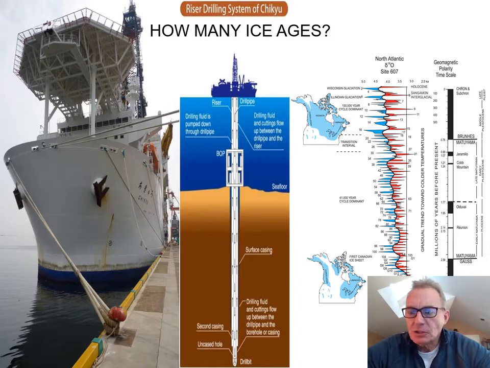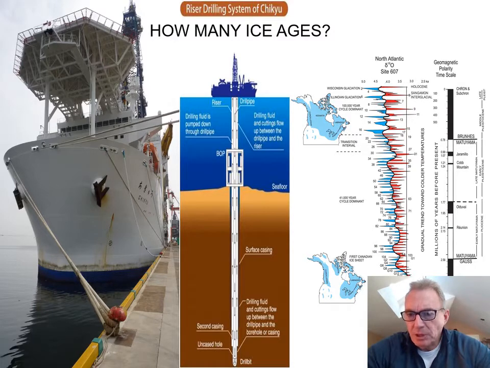It's not as easy as it looks, because there are sub-spikes within each ice age. That is to say, we often get warm intervals within ice ages, when ice might retreat a little bit, but it's still an ice age. So if you do that exercise, you end up with about 52 ice ages.